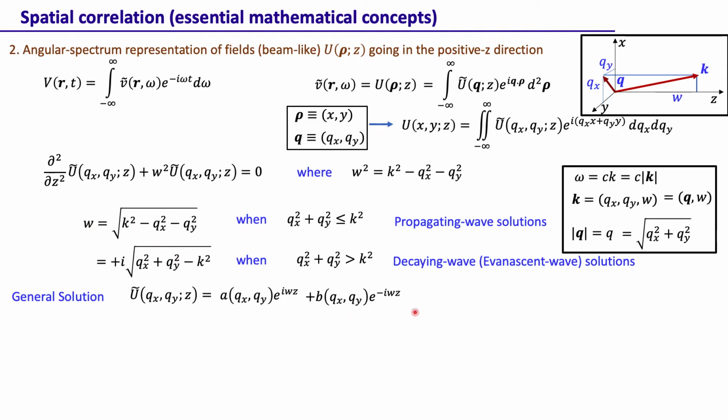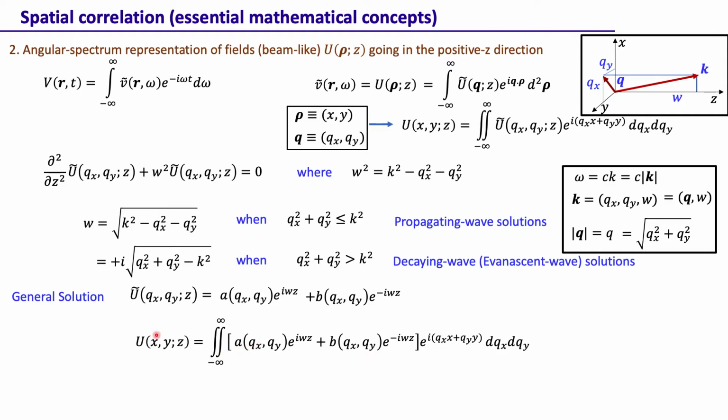So that is the solution that we have. If this is a solution for u tilde of qx, qy, qz, then the u of x, y, z, we can just write as this. This is simply writing this equation by replacing u tilde by this quantity. So that's the general solution for u of x, y, z that we have.